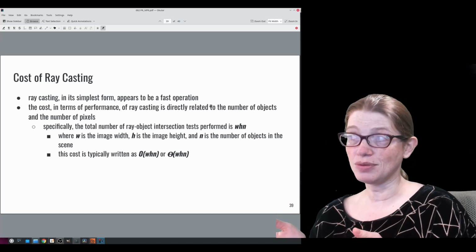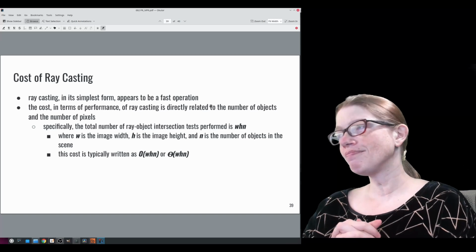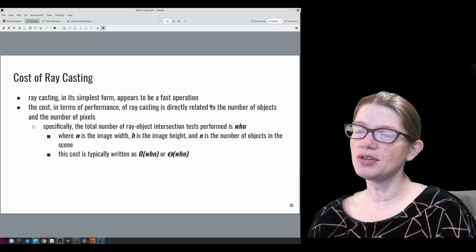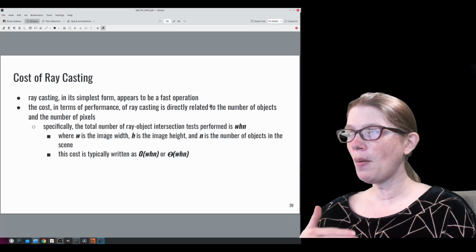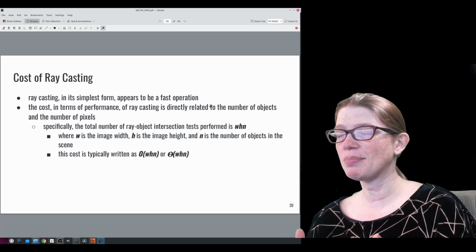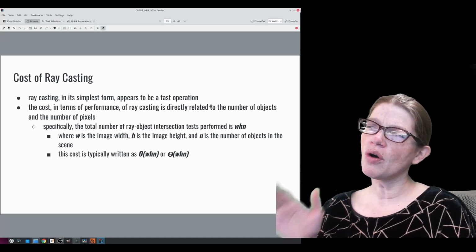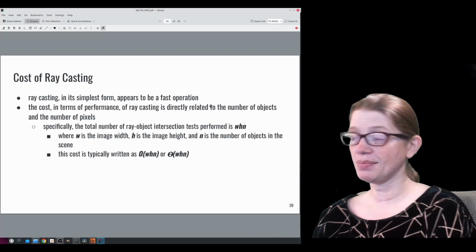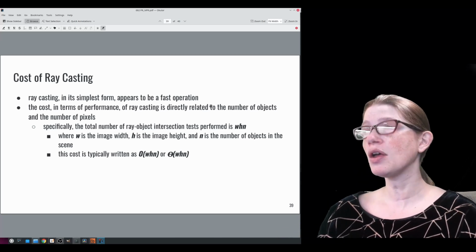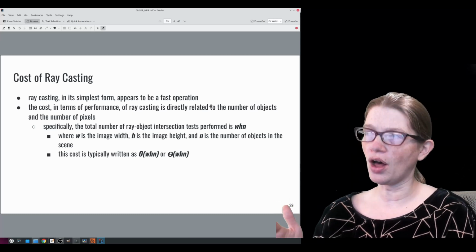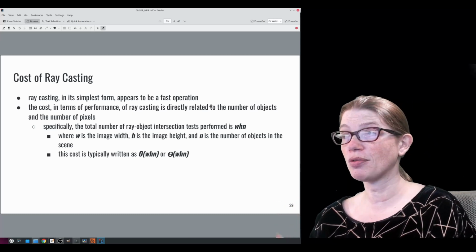So how do we compute this cost? When we're trying to compute the cost of an operation, we're usually asking, how many instructions would the computer actually be performing? We're not going to go that low level. When we're talking about the cost of something like ray tracing or ray casting, we always do it with respect to the number of ray object intersection tests you are performing.